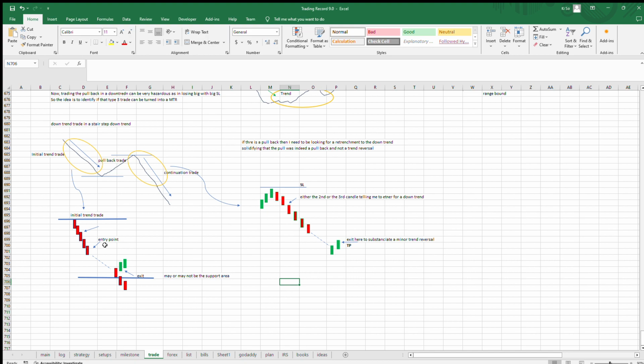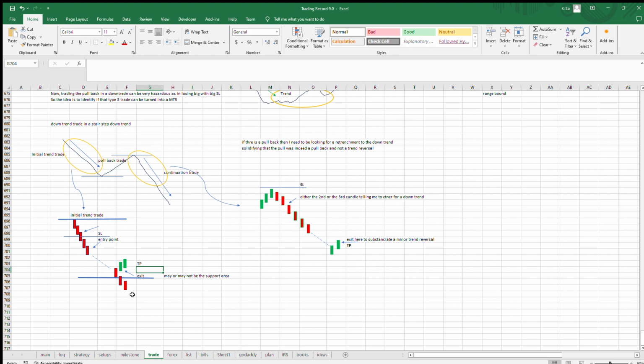So when I look at here, I would look to this area as a stop loss right there, and then I would do right here as a take profit, take profit right there.